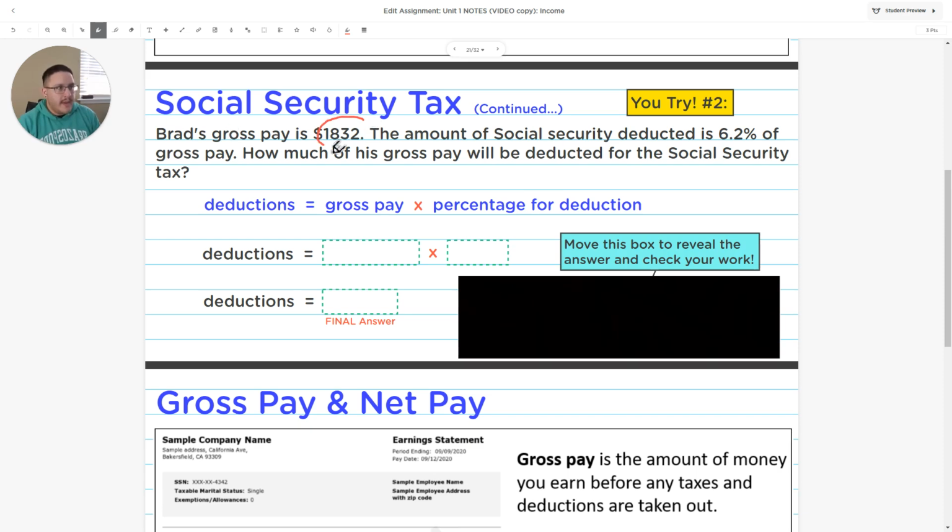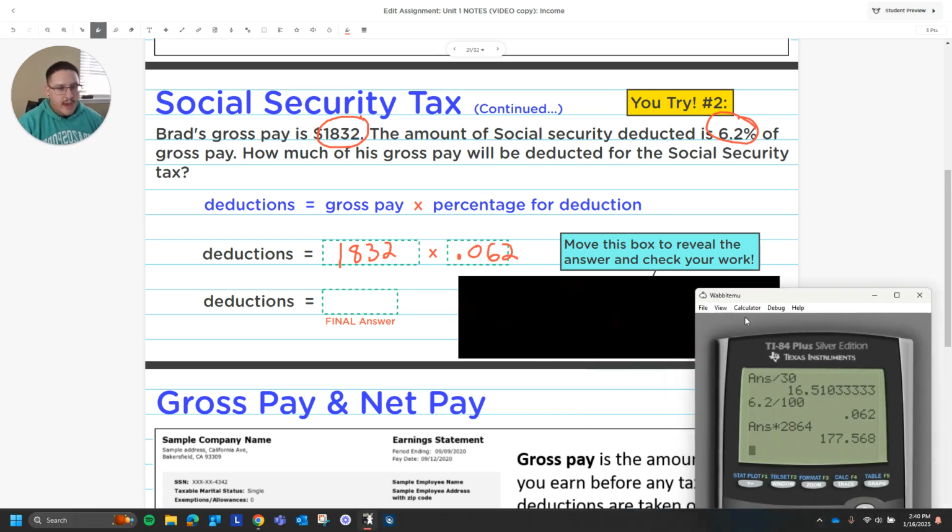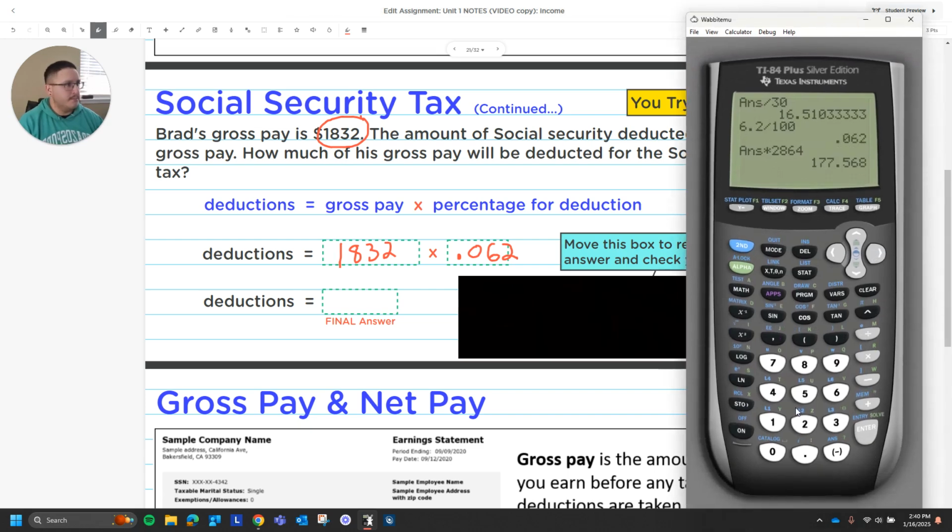So the gross pay is $1,832. I'm going to multiply with the decimal version of 6.2%, which I showed you in the previous problem. Now, take out our calculator and multiply those two.